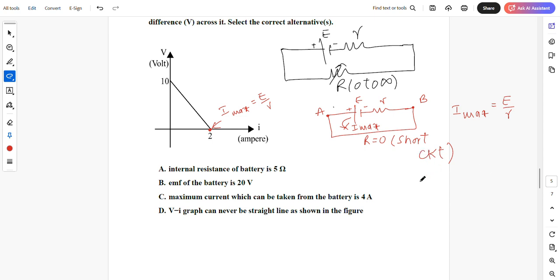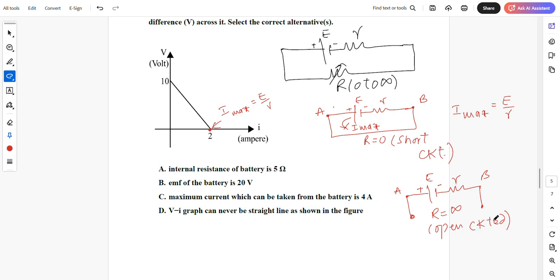Now, let us say plus minus E. Now it is open circuited between A and B. Now if this is open circuited, what does it mean? R is equal to infinity. When it is open circuited, what happens?